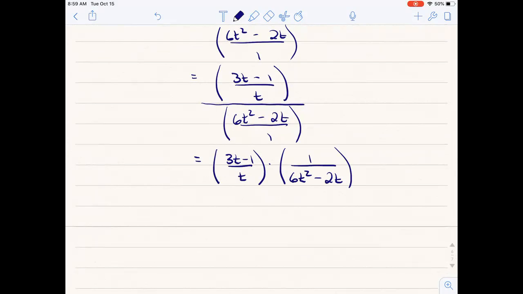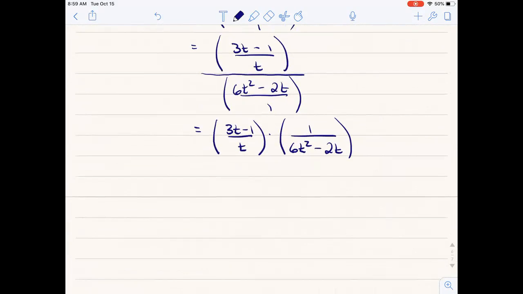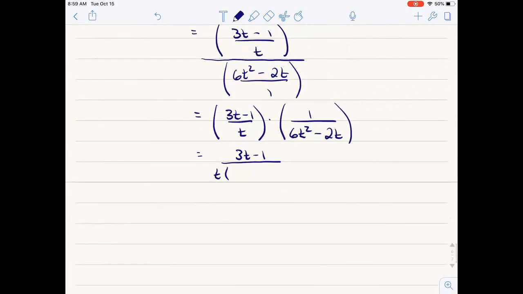And then we multiply through. Multiplying fractions, we can just multiply across. And so we get 3t minus 1 times 1 is still just 3t minus 1 over t, and I'll just put the 6t squared minus 2t in brackets for now.